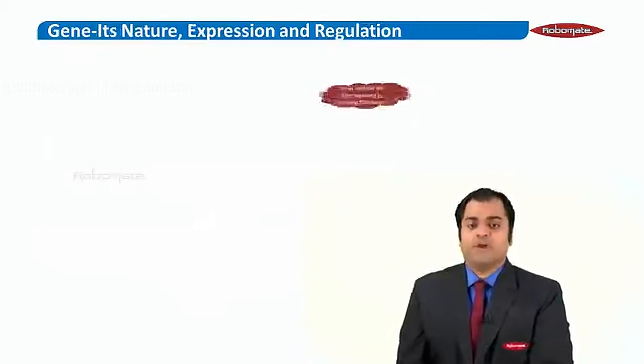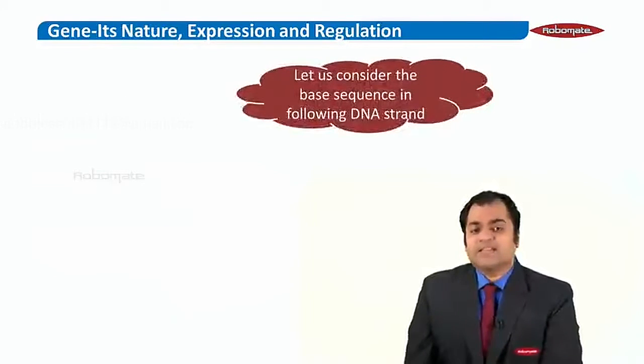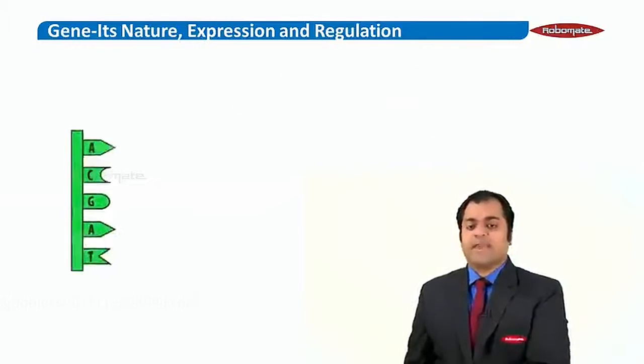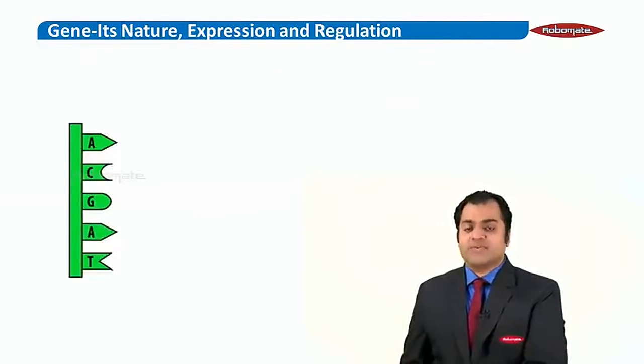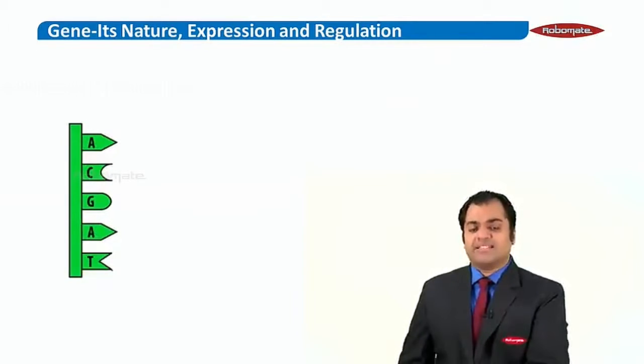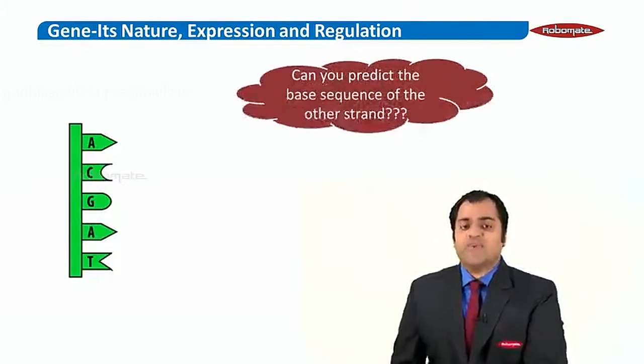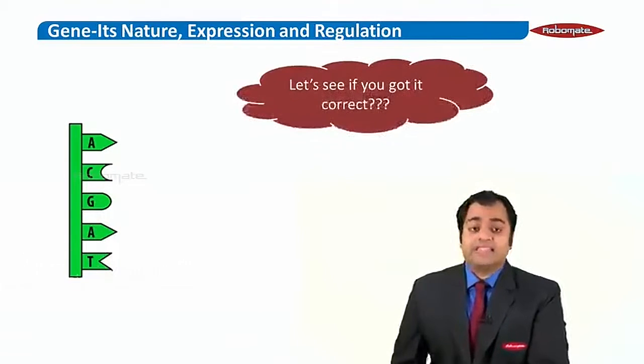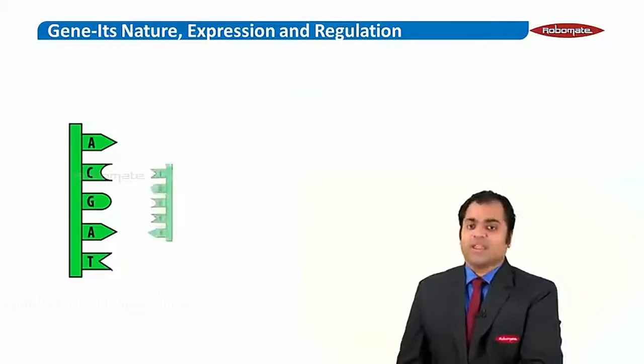Okay, moving on. Now let us consider the base sequence of a DNA strand. What you see here is a DNA strand with the base sequence A, C, G, A, and T. Now let us see if you can predict the base sequence of the other strand. Let's see if you got it correct.